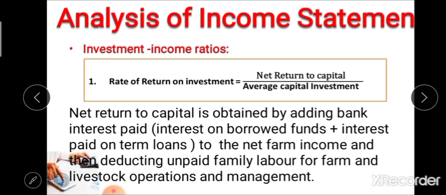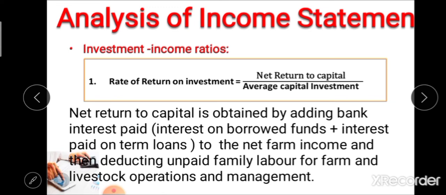So this net return to capital is calculated by adding bank interest, that is interest on borrowed fund plus interest paid on term loan, to the net farm income, and then deducting unpaid family labor for farm and livestock operations and management.